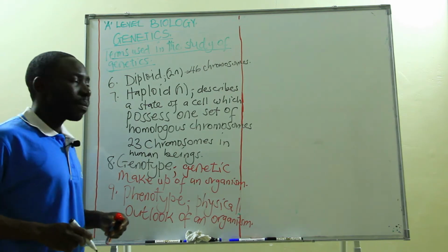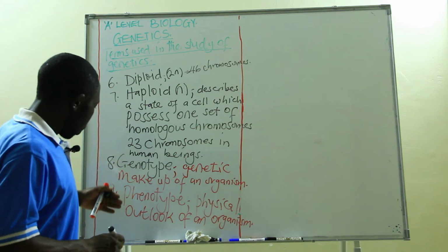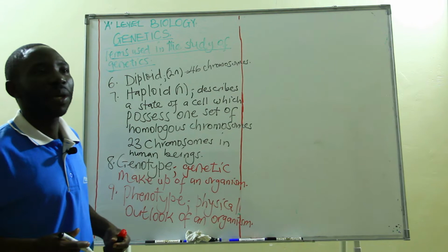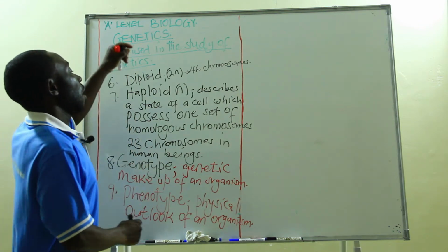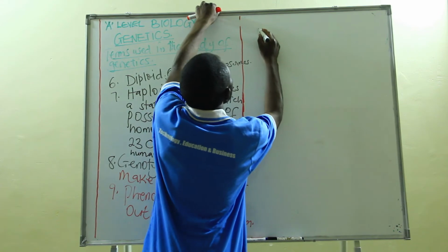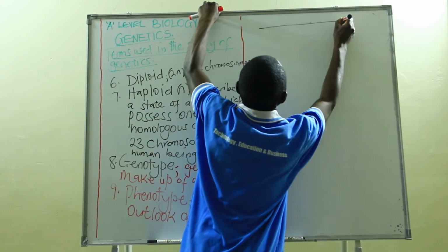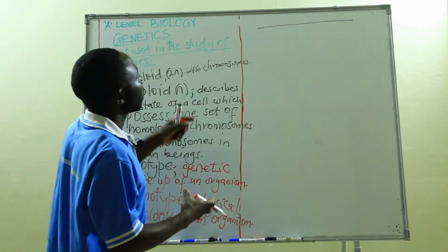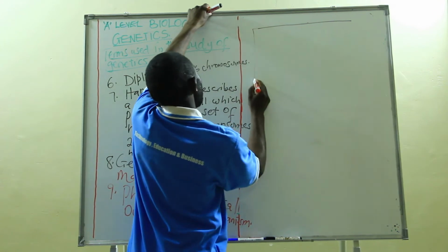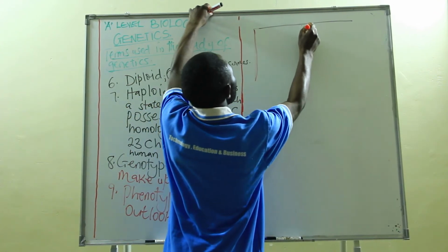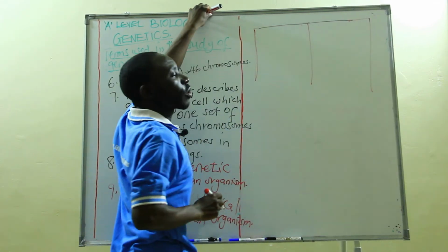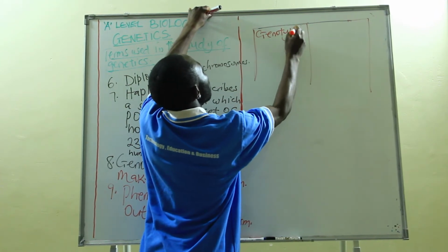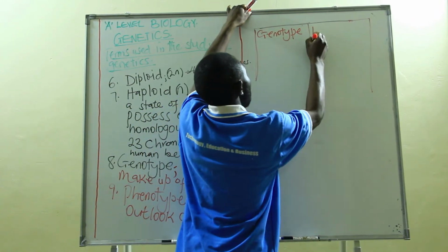Before I go to another one, suppose we consider height of an organism as a trait or as a character. And if we have a table as shown on the board, with 2 columns, one with genotype, and another column with phenotype.